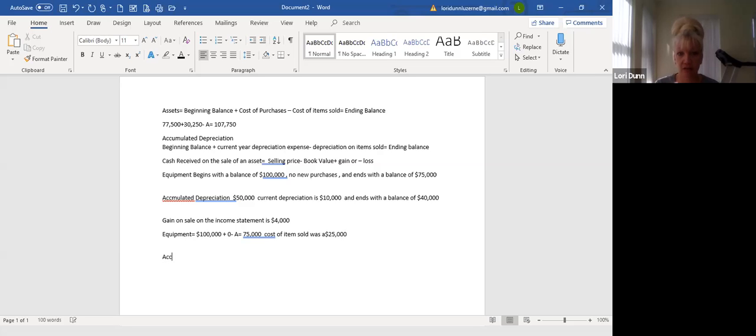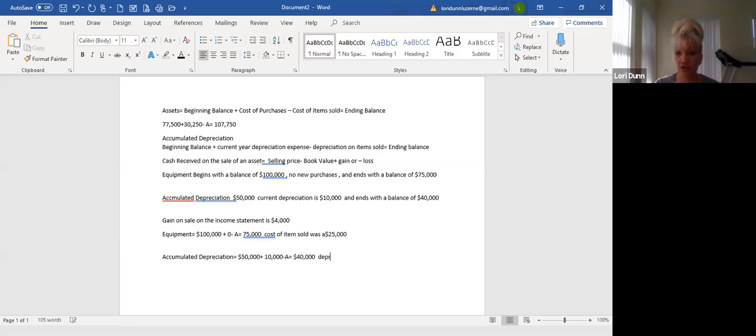Now let's take a look at accumulated depreciation. It starts with a balance of 50,000. Increases for this year's depreciation, 10,000. It needs to be decreased for any accumulated depreciation related to that piece of equipment that was sold, and that will give us our current balance.